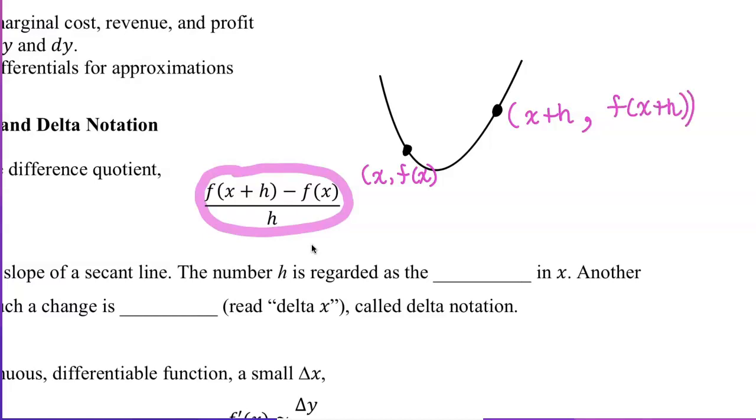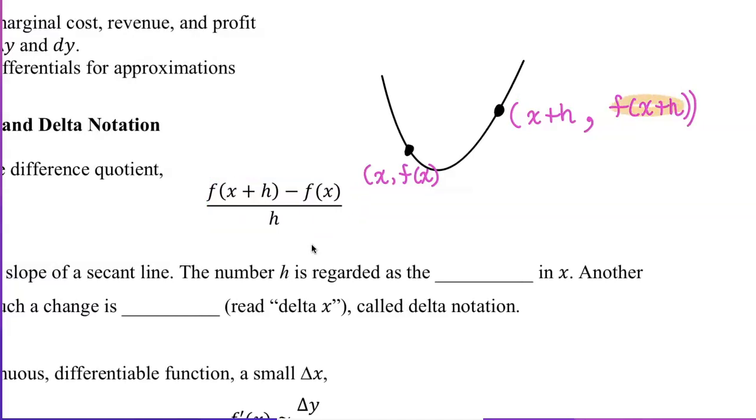So if you do the slope formula, y2 minus y1, this minus f of x, that's what you see on top of the fraction, over x2 minus x1. If you subtract x plus h minus x, you will just have h there.